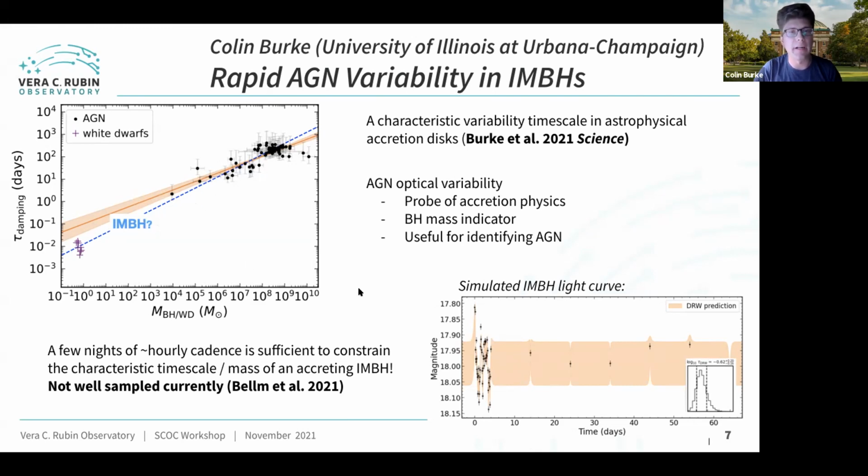And for this, I would point you toward Eric Bellm's cadence note, which suggests that the hourly cadence is not well sampled currently. So this is my pitch to try to sample the hourly cadence a little bit better. Thanks.